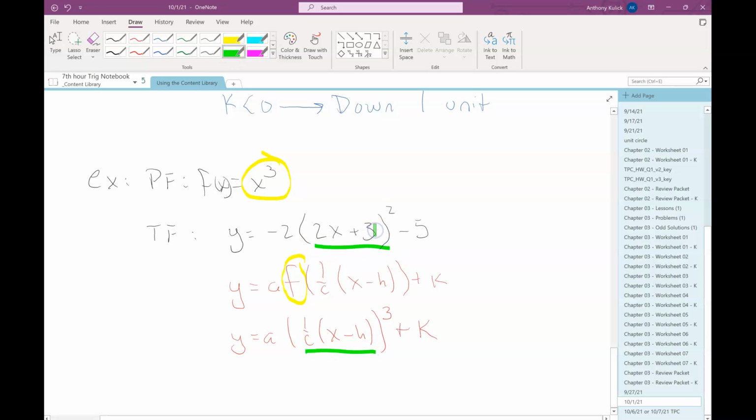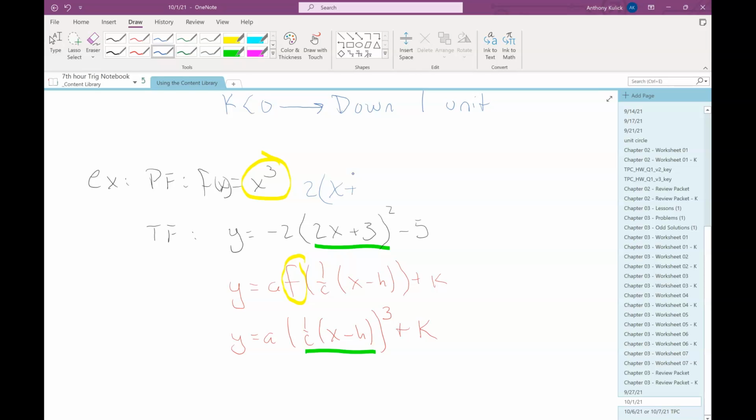So again, I've got to make sure I check the insides. I notice the leading coefficient on my x is not 1, so I'm going to have to factor that out. So I factor out the 2x, and then what's the next thing going to be? Plus 3.